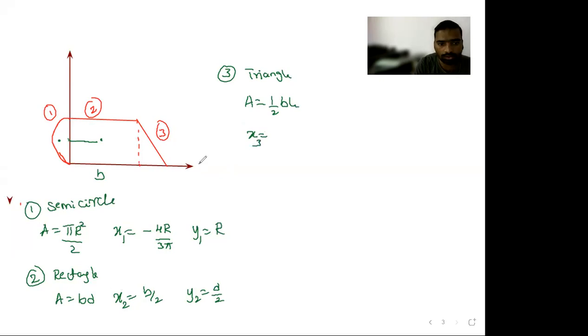So X3. How to look at X3? So the CG centroid of this section lies here. I am referring from the reference axis. Correct? So reference axis means here to here how much it is? B plus from remaining one, how much it is?